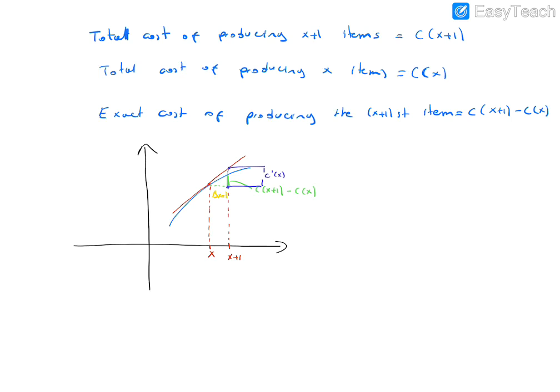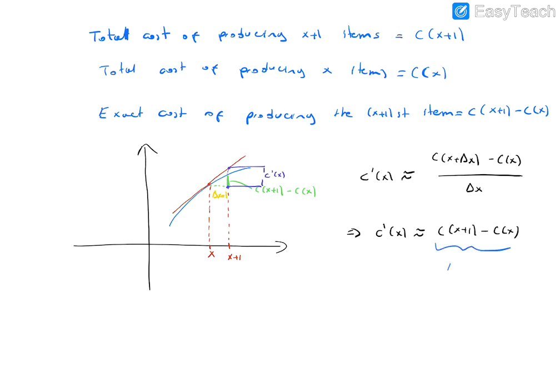So this implies, by using the differential, we can conclude C prime of x approximately equals C of x plus delta x, which is 1 here, minus C of x, over delta x. For delta x equals 1, this implies C prime of x approximately equals C of x plus 1 minus C of x.